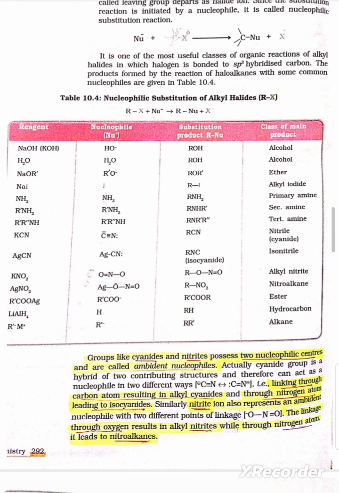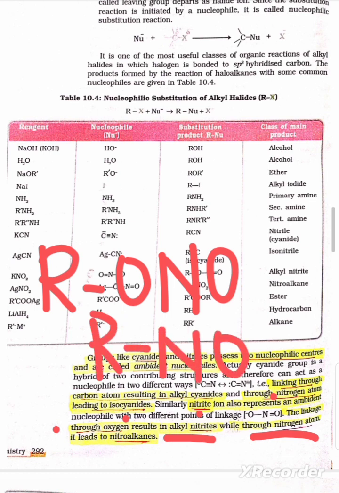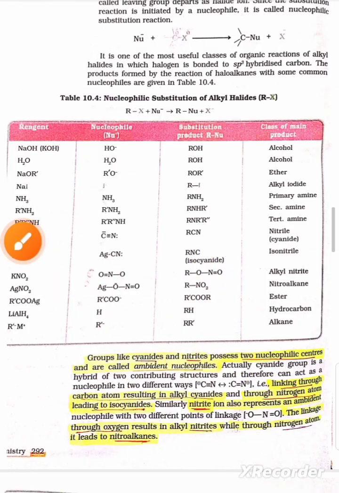If linking occurs through nitrogen, it forms isocyanide. Similarly, nitrite is also an ambident nucleophile. If the linkage occurs through oxygen, it forms alkyl nitrite. If the linking occurs through nitrogen, it forms nitroalkanes. So this is about the ambident nucleophile.